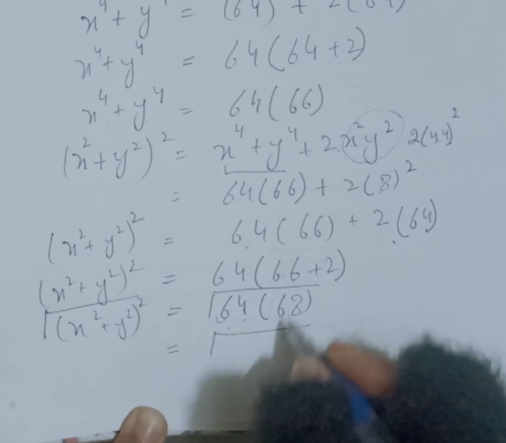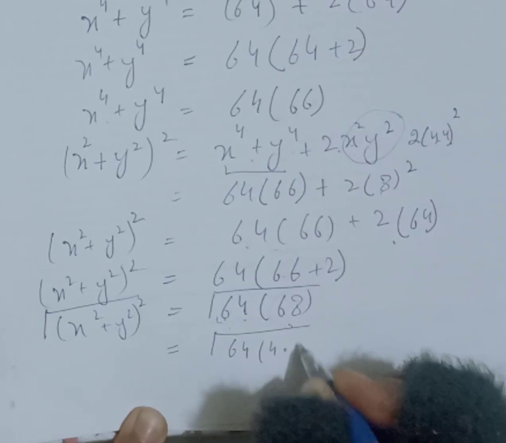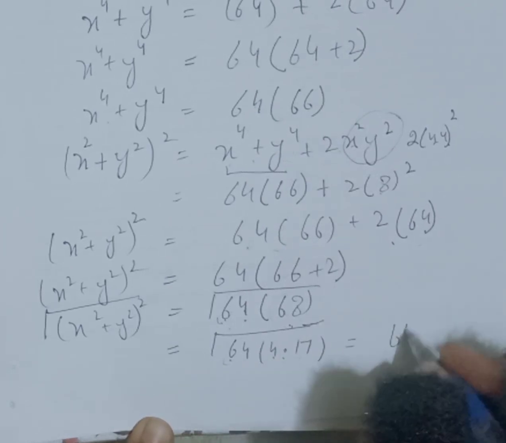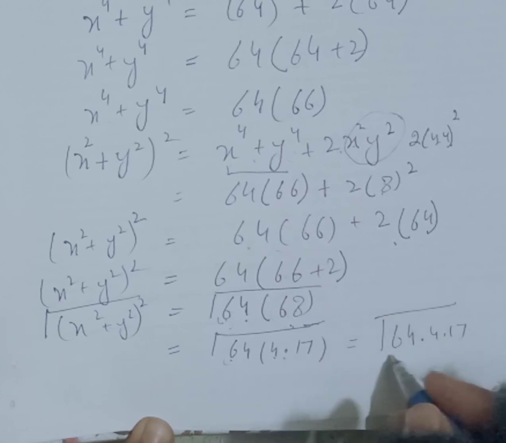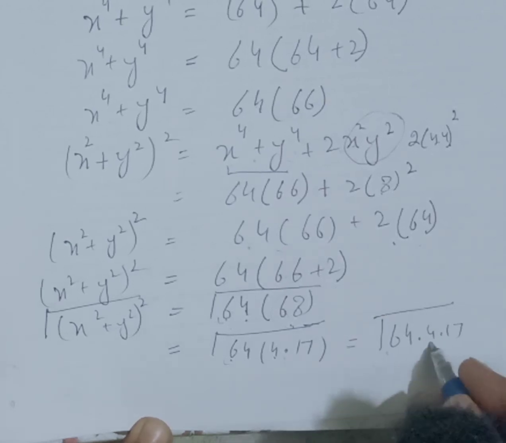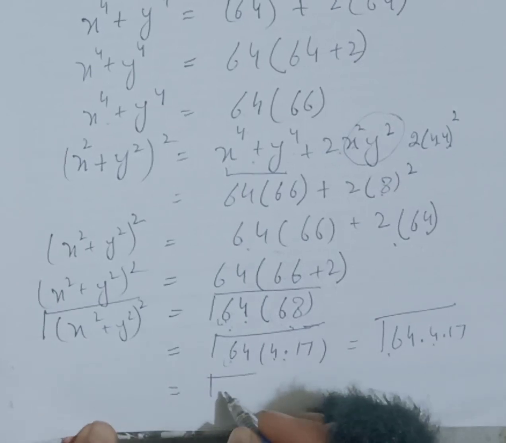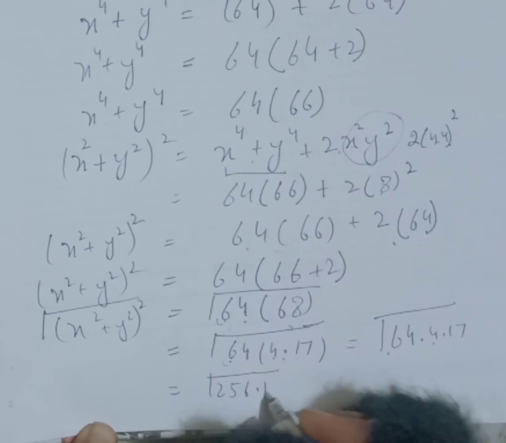So we can write 68 as 4 multiply 17. So this is equal to 64 multiply 4 multiply 17. So if we multiply 64 by 4, then we get 256 multiply 17.